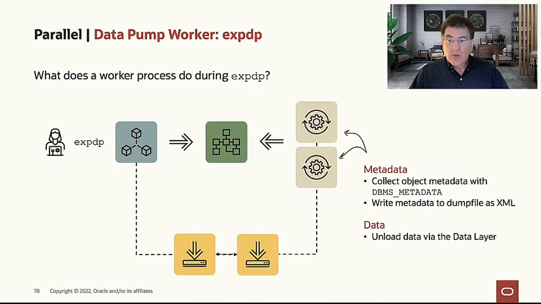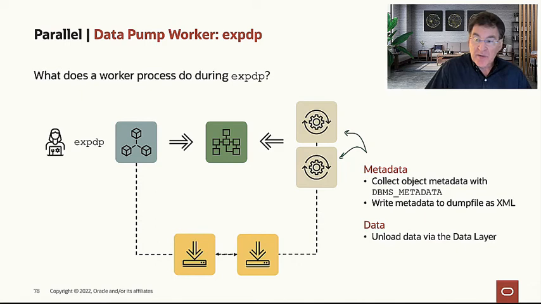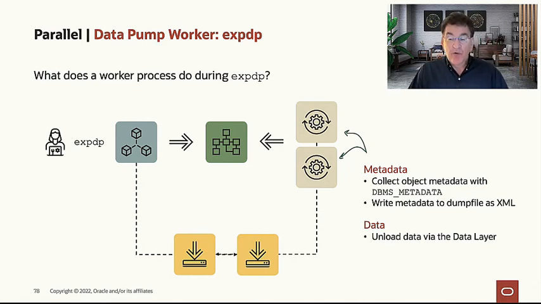So what does a worker process do during export? Well, the worker process may export metadata using the DBMS_METADATA API to collect object metadata for export. And on import, it would convert the metadata to DDL and PL/SQL for import.